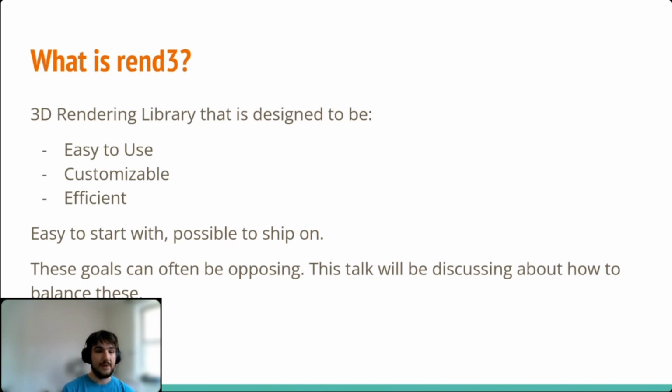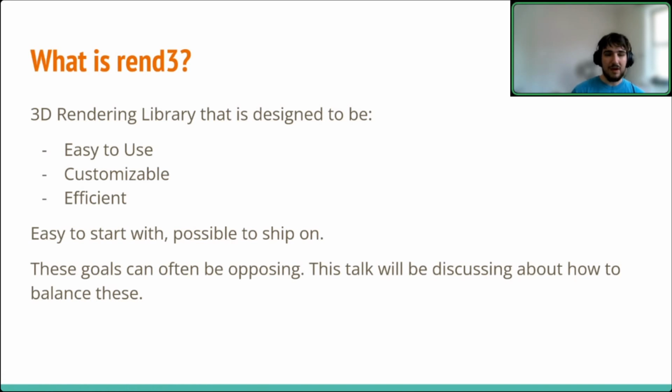In addition, it needs to be customizable. In the real world, when people are making games or making products, the default functionality is almost never going to be enough. There's going to be application-specific problems that need to be solved.